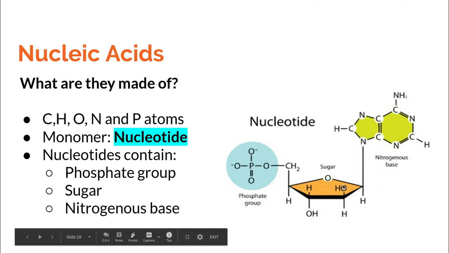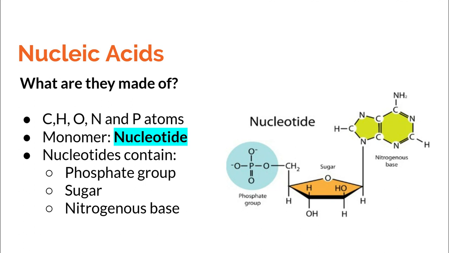So this can be a few different sugars depending on what we're talking about, if it's DNA or RNA. And then over here, we've got what's called a nitrogenous base. And you can look at the word nitrogenous has nitrogen in it. You can see we've got quite a few nitrogen atoms here. So that helps give it its name, our nitrogenous base.